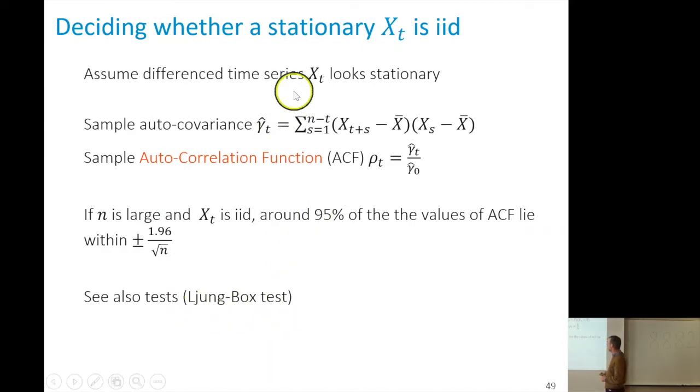There's another one which is based on the autocorrelation function, the sample autocorrelation function. The terminology is not the same in all documents, whether you read a signal processing document or a statistics document. I'm using the statistics terminology. The autocovariance function is the sample autocovariance.